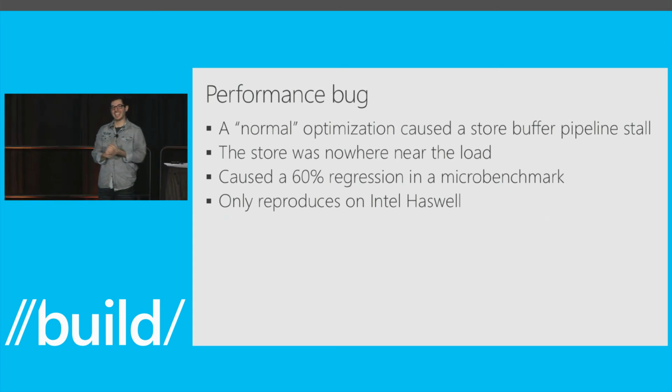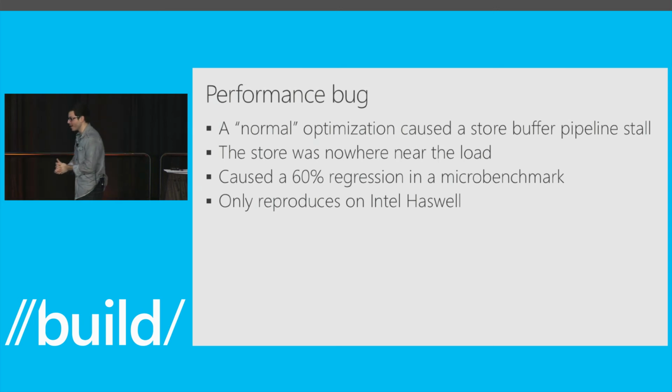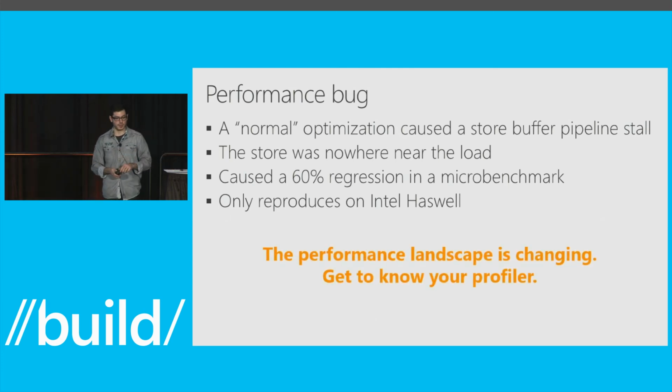It's cool, right? The processors nowadays are getting so powerful that all these secondary effects are growing in scope. The cool thing is you've got profilers to help you, at a minimum, diagnose what's going on, or the phone numbers of someone who works at Intel who can help you with that. But really, the performance landscape is changing. Right?